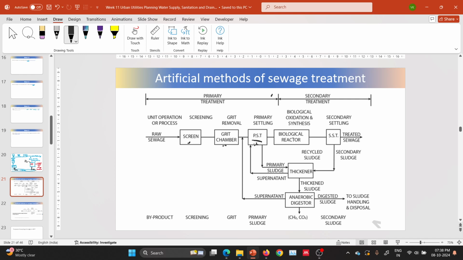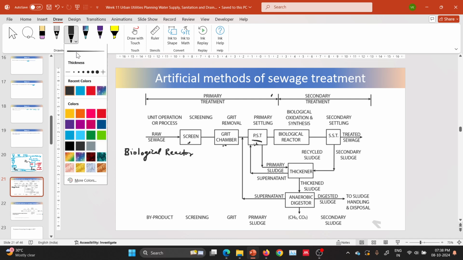And after this, in this biological reactor, what happens? What is happening?